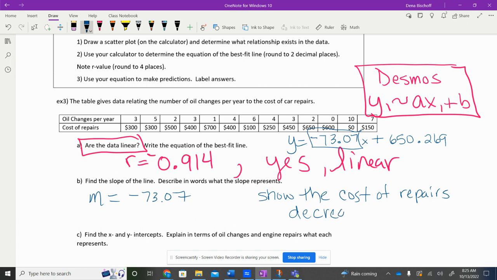Who said that? Good job. Get a piece of candy. We're talking about cost of repairs. If it was positive, that would mean they were increasing. It's negative, so that means they're decreasing.